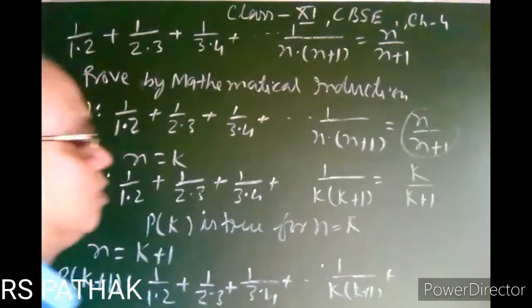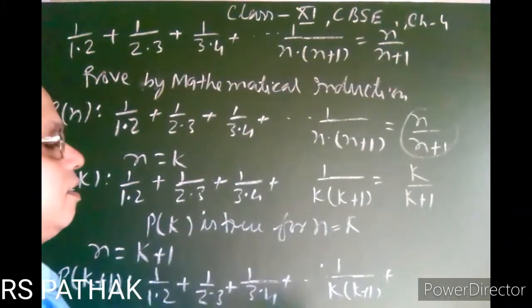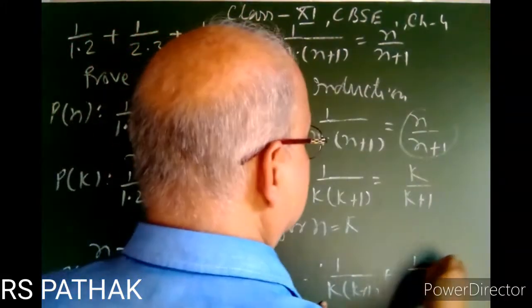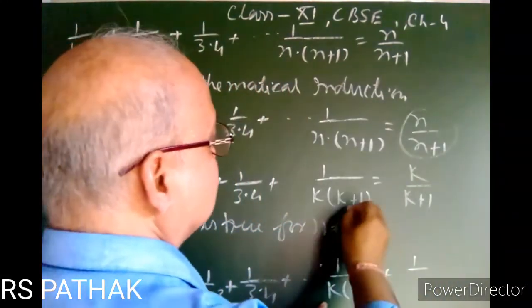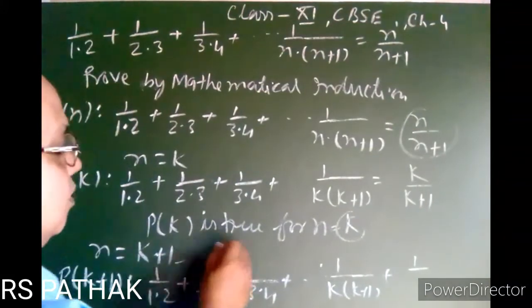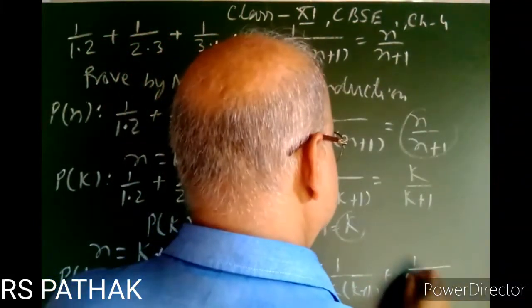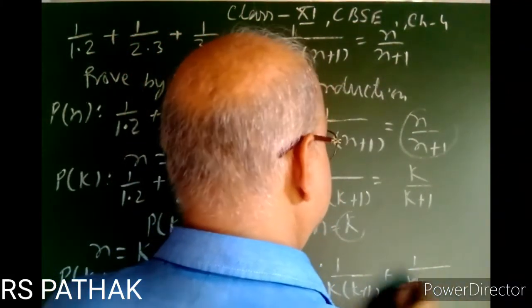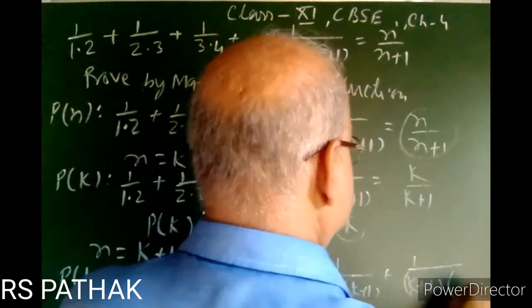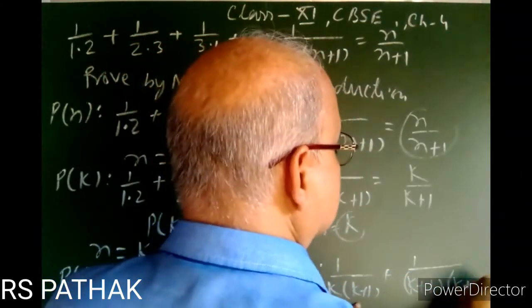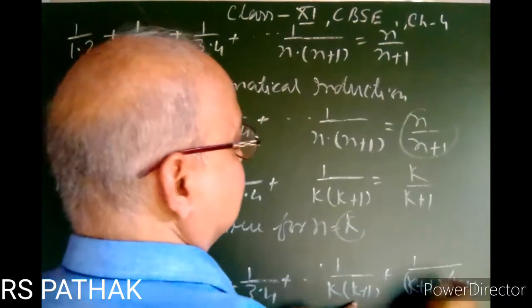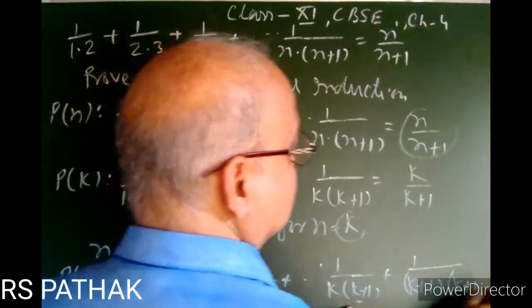And the next term we will write here: 1 upon, in place of k we will put k plus 1, into k plus 1 plus 1.